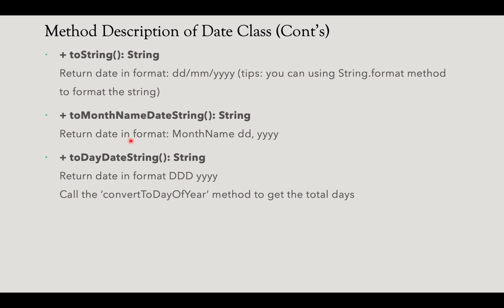This one, you will return the date in the format month name, day, and year. Then we have toDayDateString. It will return the date in the format of the day of the year, and the year itself. So you will call the convertToDayOfTheYear method to get the total days.